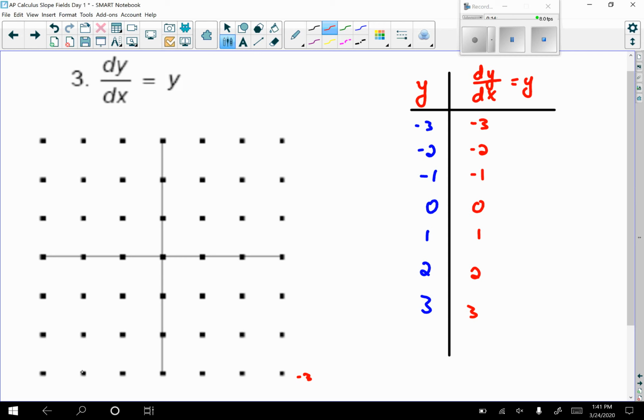So again, I'm going to start right here. If I were to count up 3 and over 1, I would get a nice idea of how slanted to make this. And then at y equals -2, all my slopes are -2. At -1, all of my slopes are -1. At 0, all of my slopes are 0.